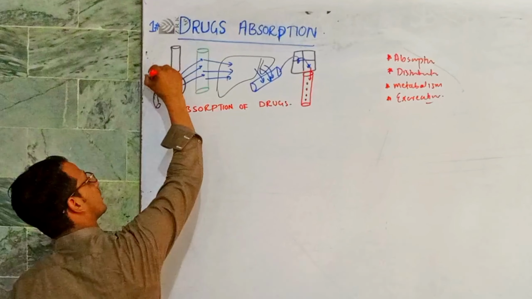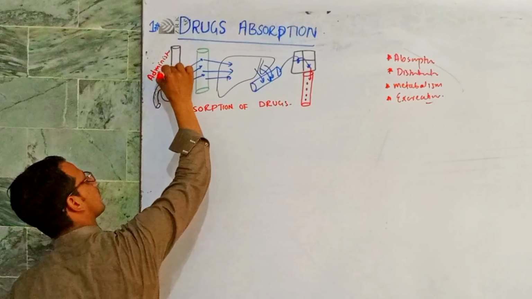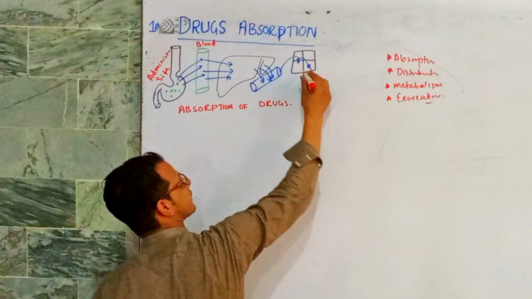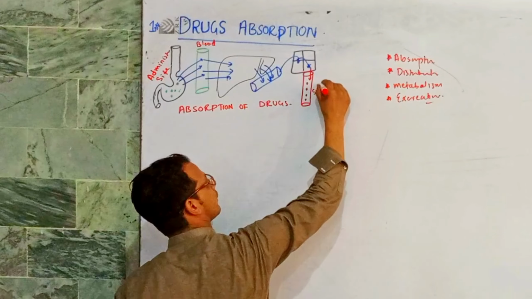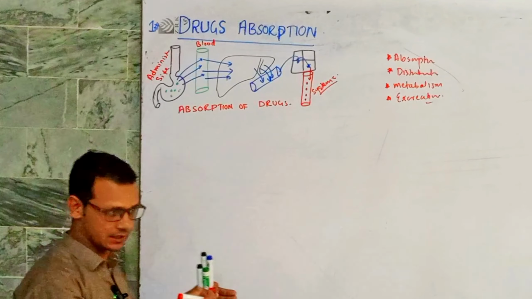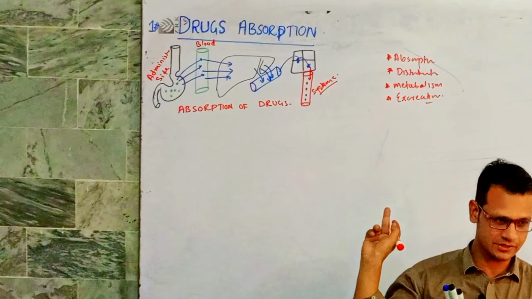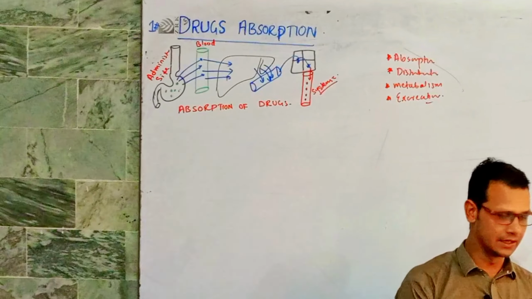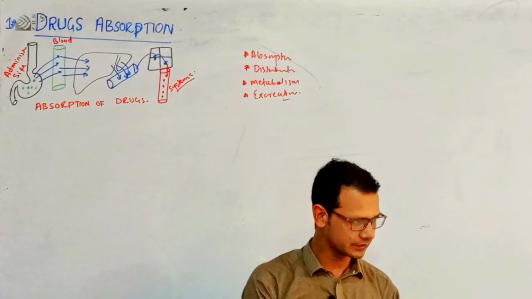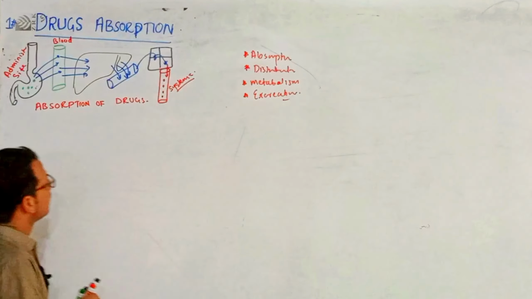This is the administration site, this is portal blood, and this is systemic blood. This whole mechanism and the way all the mechanisms are followed by this drug are included in drug absorption. What are they? First pass metabolism, bioavailability, right? All these things are included in drug absorption.